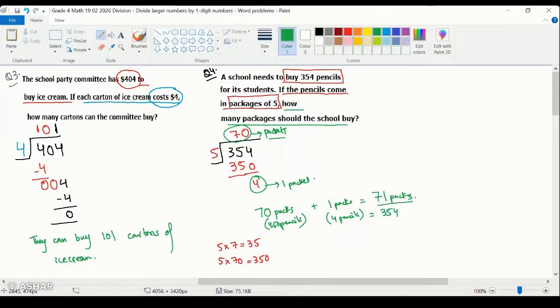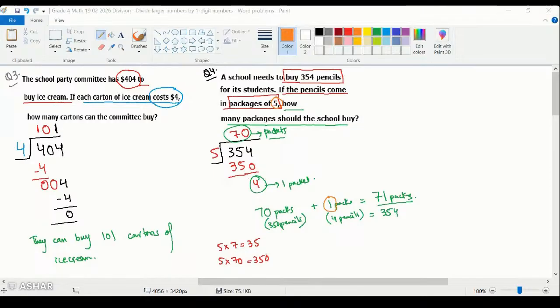Because each packet has 5 and we have to meet 354, we cannot buy just the 4 pencils. So we have to buy a complete packet. In 71 packets they need to buy 355 pencils. They cannot buy 354 because the packets are made in a way that each packet will have 5 pencils in it.